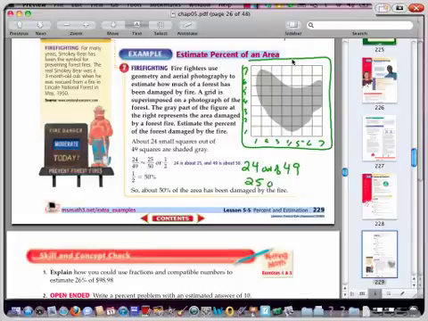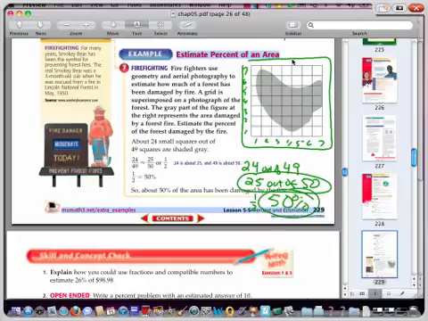So if you said 25 out of 50, that's a real easy one to do. 25 out of 50 is a half. And of course, we know a half is 50%. So that's a pretty good estimation. 24 out of 49 would be close to 50%. So we could assume that this fire burned about 50% of this area in the photograph anyway.